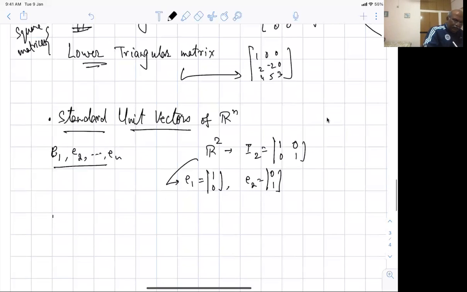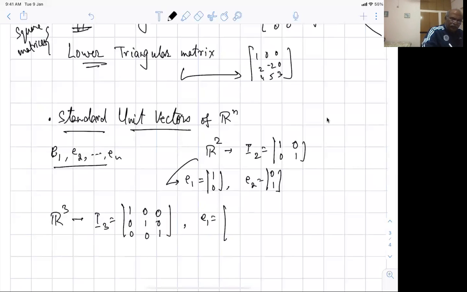If I am in R3, the identity matrix is of the type 1, 0, 0, 0, 1, 0, 0, 0, 1. So the standard unit vectors of R3 will be E1, which is 1, 0, 0, E2 which is 0, 1, 0, and E3 which is 0, 0, 1.